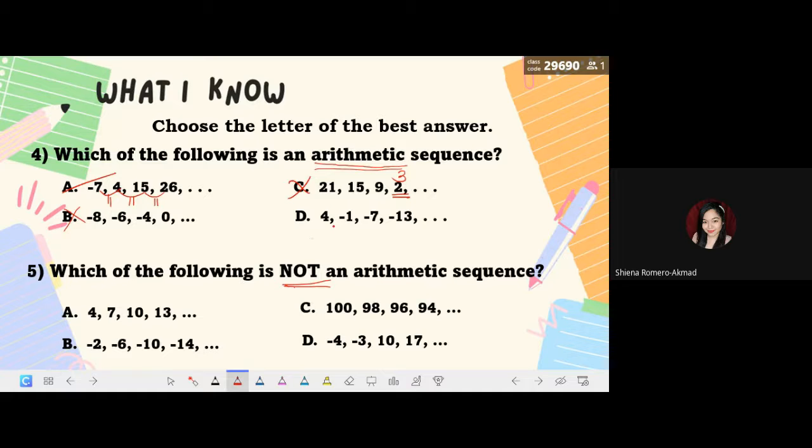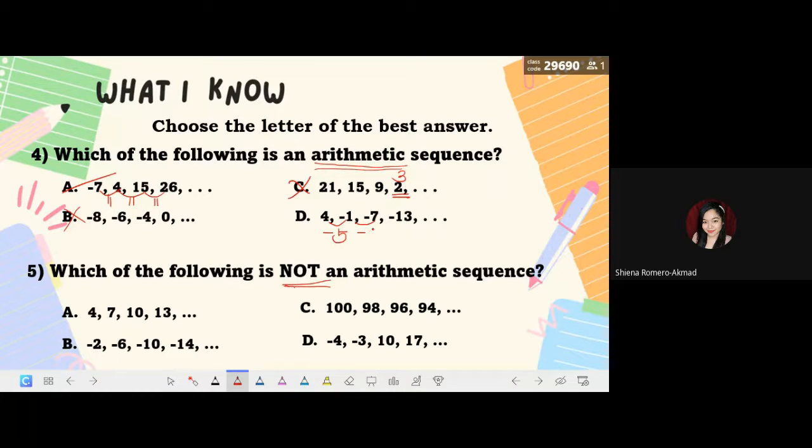How about for letter D? Ano bang difference ng 4 and negative 1? Their difference is negative 5.